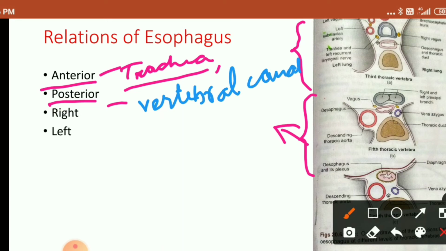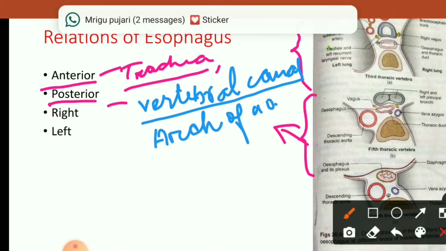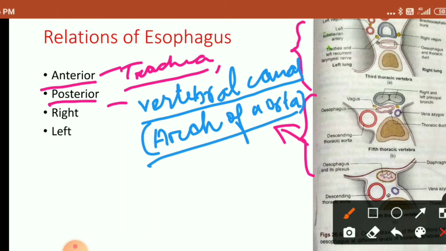The vertebral canal is related posteriorly to the esophagus for the cervical, thoracic and abdominal parts, and specifically for the thoracic part, you have the arch of aorta.